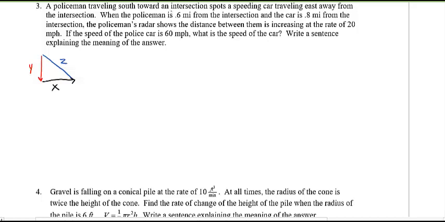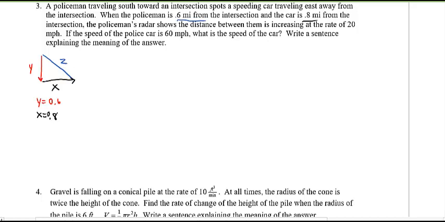Okay, so when the policeman is 0.6 miles from the intersection, I'm thinking that looks like the y value is equal to 0.6. And the car is 0.8 miles from the intersection. I think x would be 0.8.